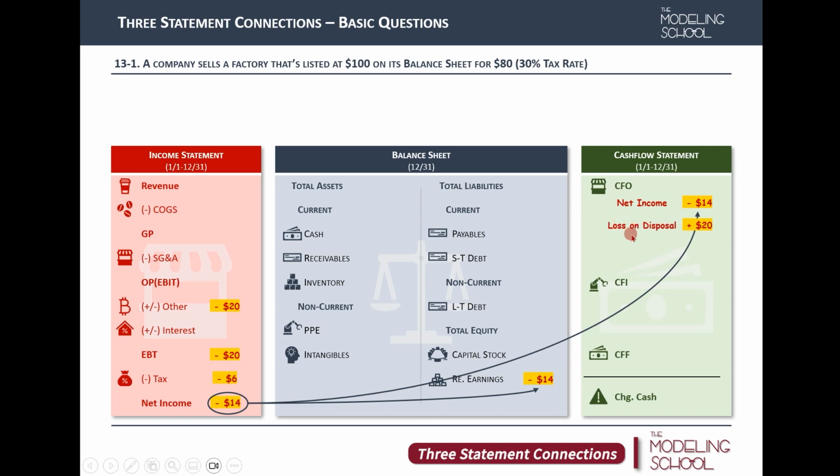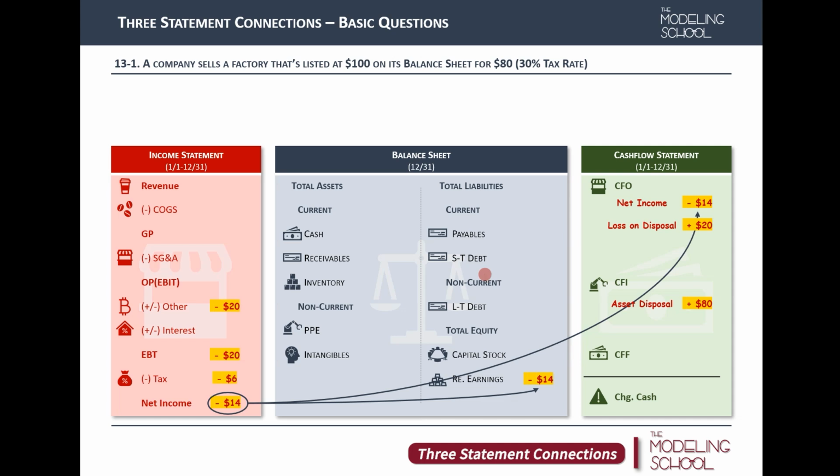The loss on disposal would be added back to cash flow from operations as 20. And whatever amount you have received for selling the assets is going to be recorded under cash flow from investing. So why do we show these two separate line items, and not just net them and write it under cash flow from investing? It's to provide as much information as possible to the investors.